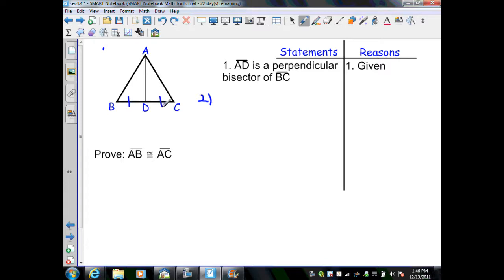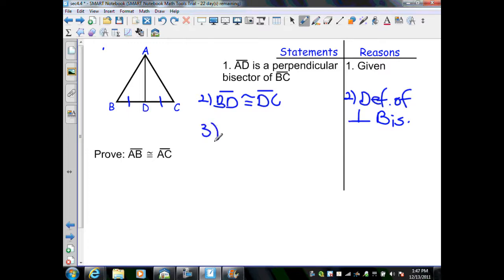Therefore, I know that segment BD is congruent to segment DC. And that is true because of definition of perpendicular bisector. Or I could say definition of midpoint because a perpendicular bisector intersects at the midpoint of a segment.